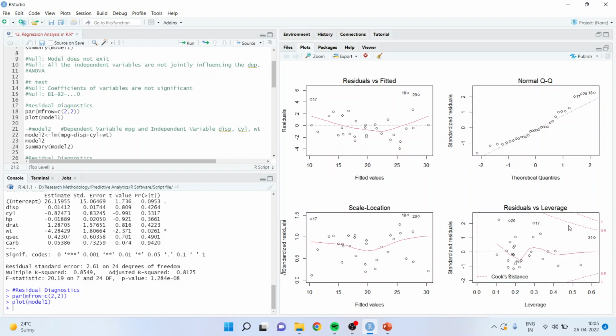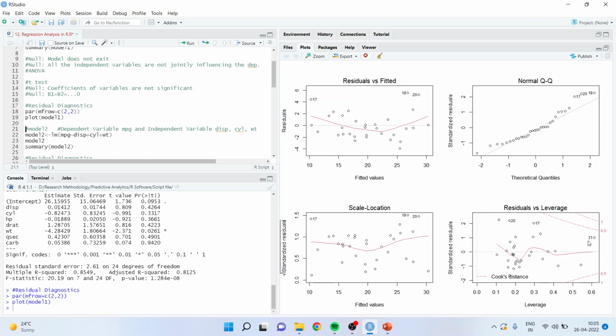This dashed line is Cook's distance, also known as an influential statistic. The observations number 17, 20 and 31, though they are outliers, are within the range of Cook's distance and they are not going to influence your regression results, and therefore no need to worry.